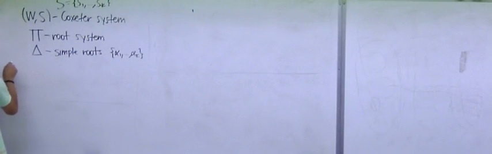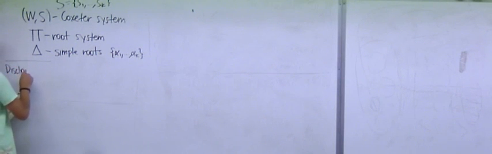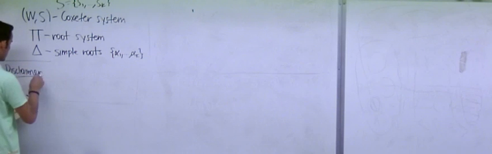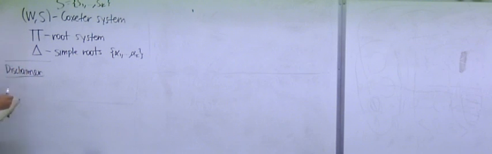So how do I make this picture precise? Well, let me first make a disclaimer here about what I'm going to say, which is the following. For today's class, I'm going to assume that my picture is Euclidean. Okay?